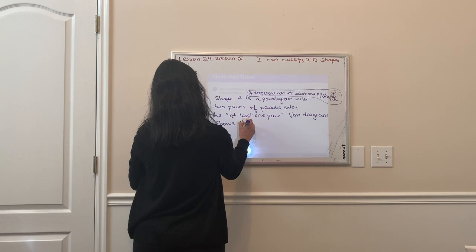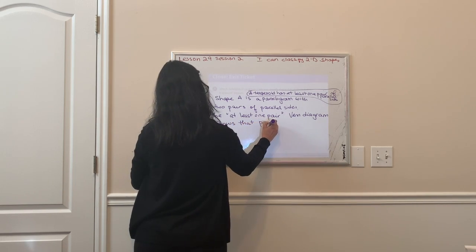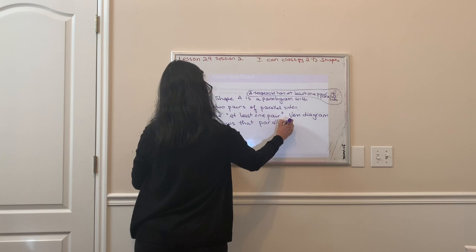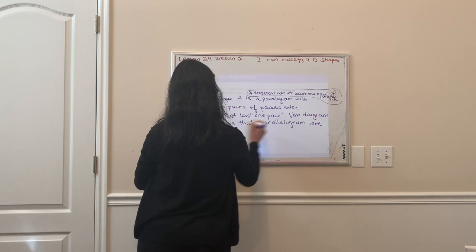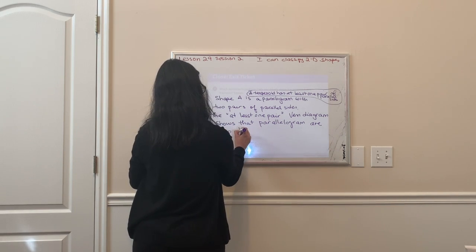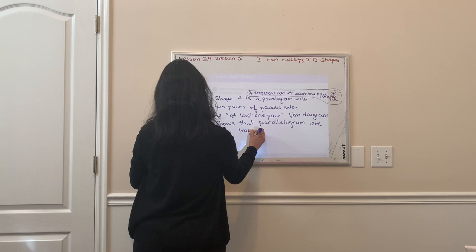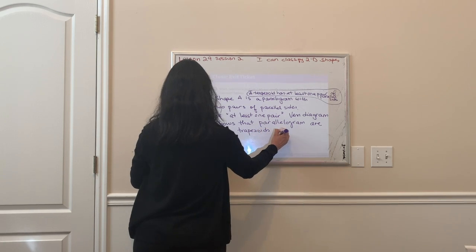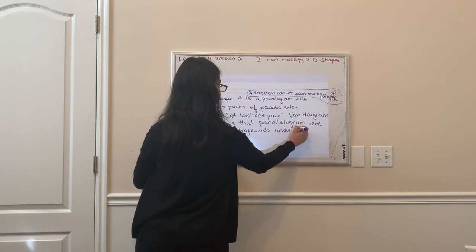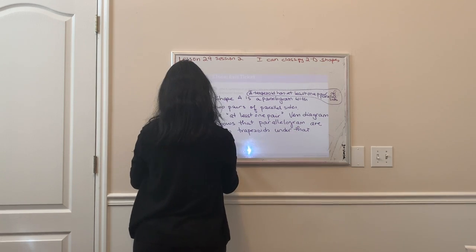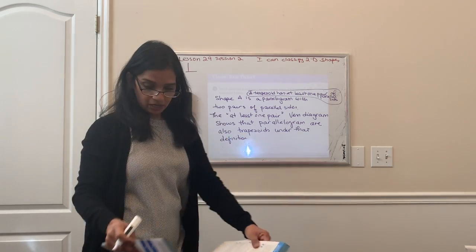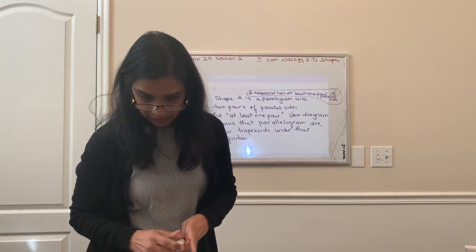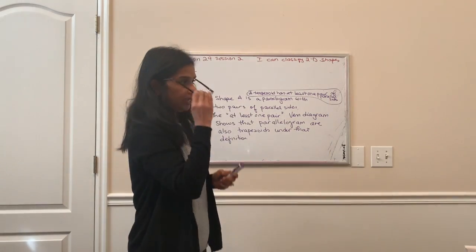It shows that parallelogram is a very long word to always write all the time. Also trapezoids under that definition. Okay, and that is number 9, and that is the end of this lesson.